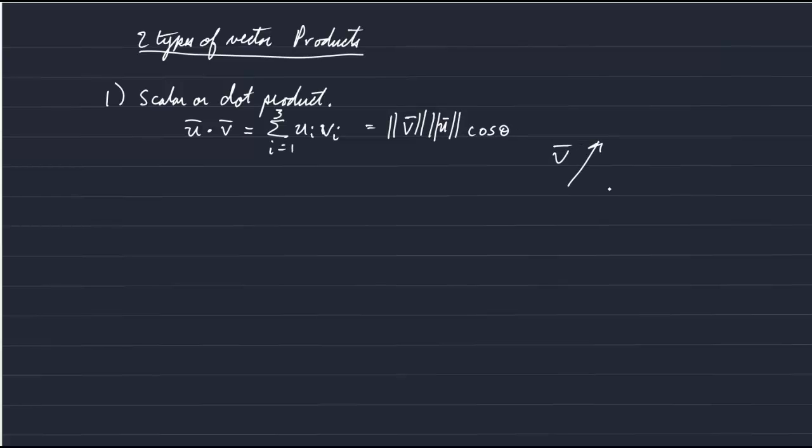So visually, we could sketch this as v and u, and theta, again, is the angle between the two vectors, or the angle separating the two vectors.